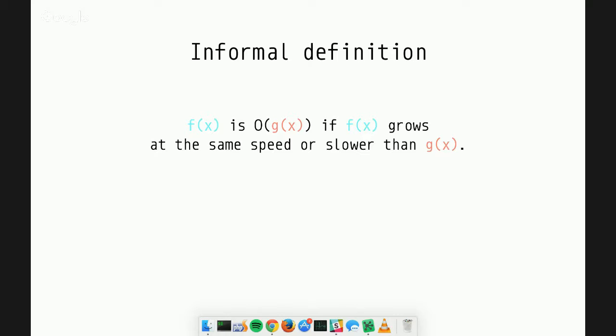More specifically, Big O of g of x is a set of functions, and if f of x is Big O of g of x, f of x is inside that set. That's what it means at a more mathematical level.